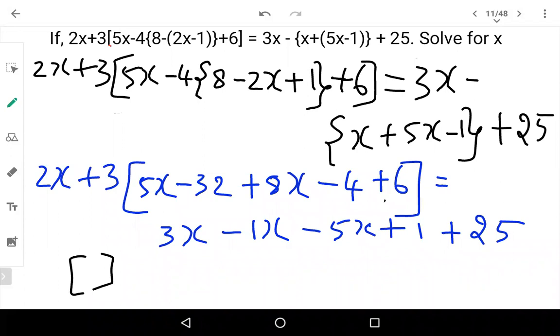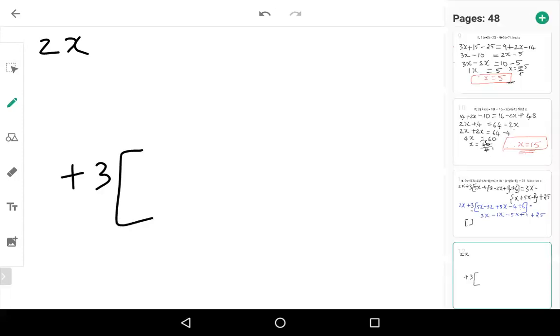Okay. Now if you see in front of square bracket, you have 3, which is there. Okay. So you have 2x plus then 3 into the whole expression. Now you have to understand it properly. So 2x, you will write it as it is. Then plus 3 into, you have the whole expression which is available.